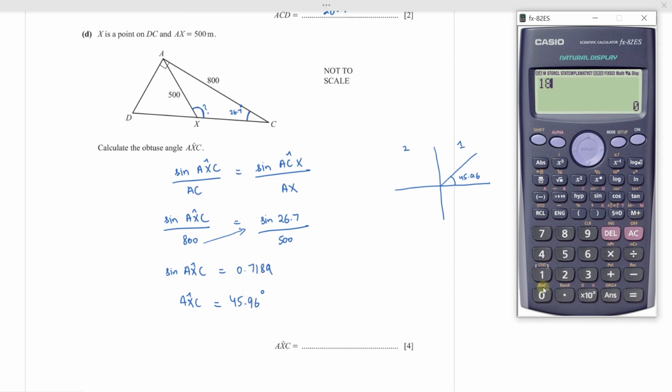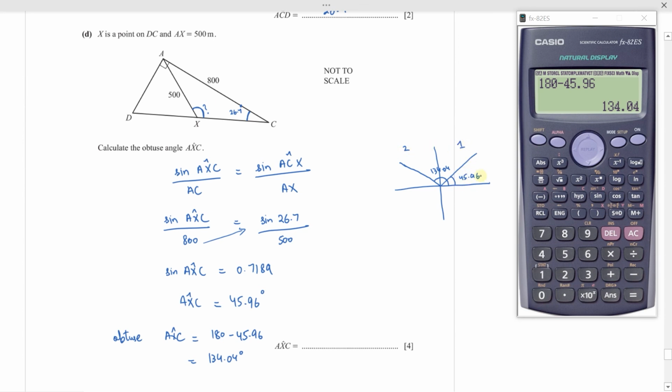But if I do 180 minus 45.96, I get obtuse AXC equals 180 minus 45.96, which is 134.04 degrees. So in the second quadrant, an angle that is 134.04, I will get the same sine value.